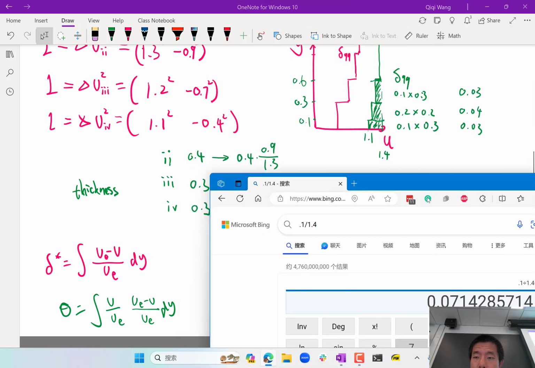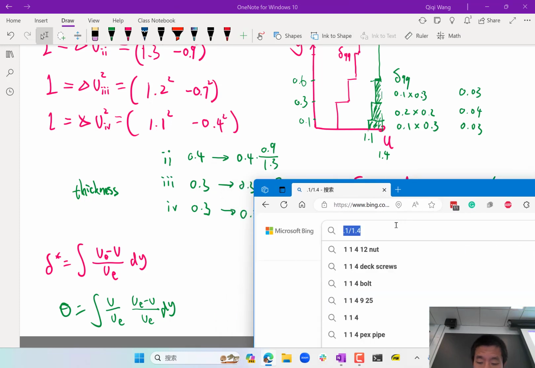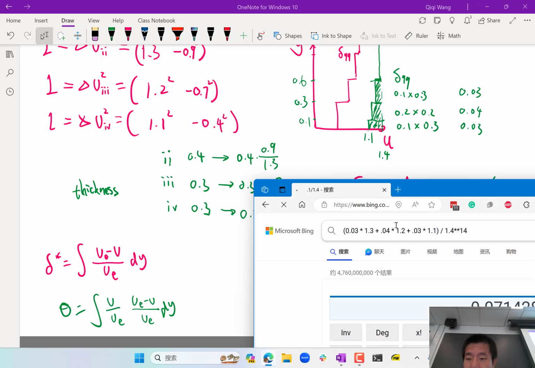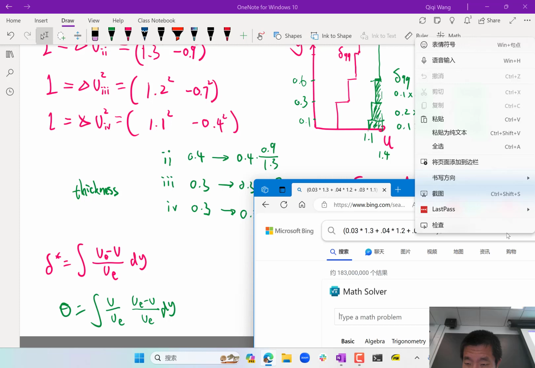So let's do a calculation of 0.03 times 1.3, plus 0.04 times 1.2, plus 0.03 times 1.1, the whole thing divided by ue squared.